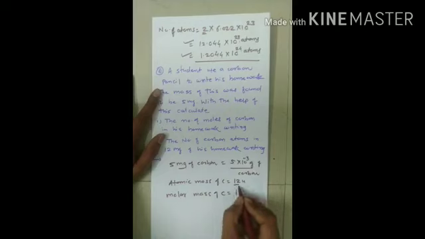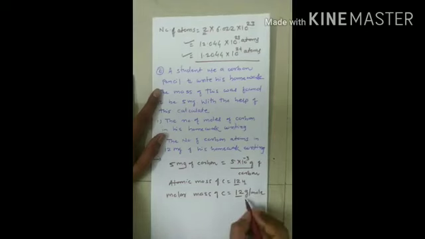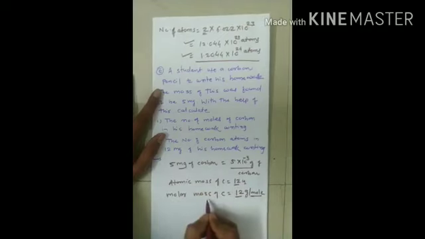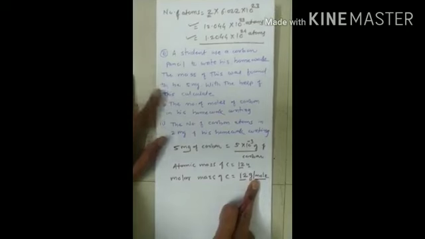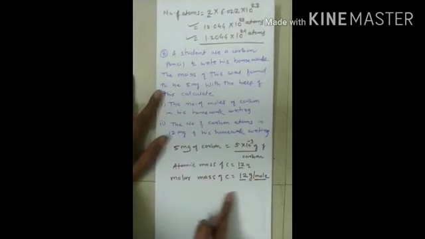See, 12 as it is. Instead of AMU, I am writing this as gram per mole. If the atomic mass is expressed in terms of gram per mole, that mass we call the molar mass. If the atomic mass of carbon is 12 U, the molar mass of carbon must be 12 gram per mole. The magnitude will remain the same; we only have to change the unit. And this gives me the molar mass.